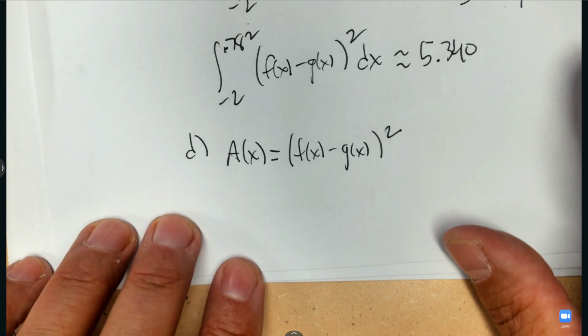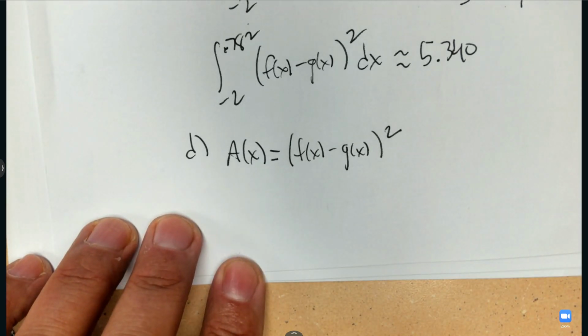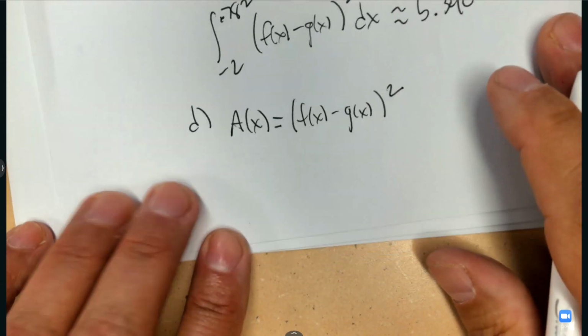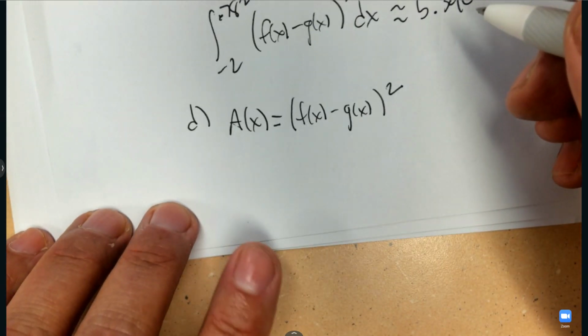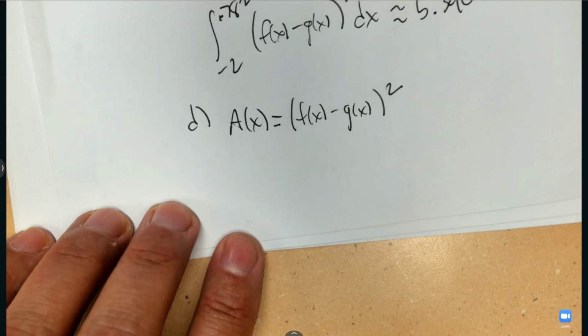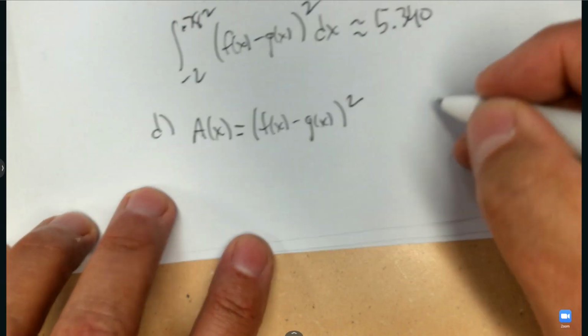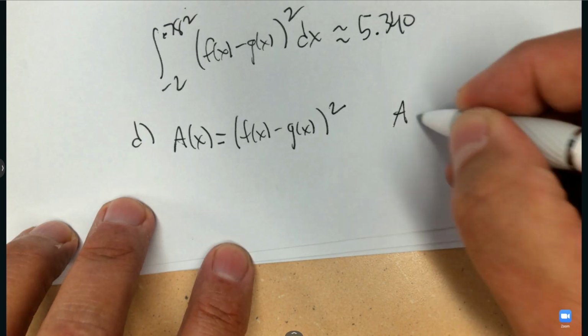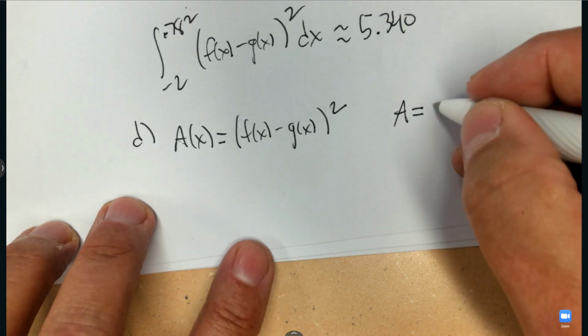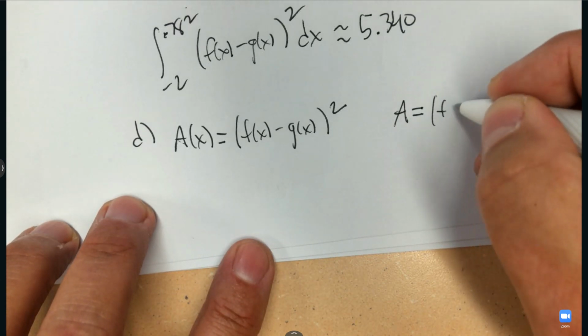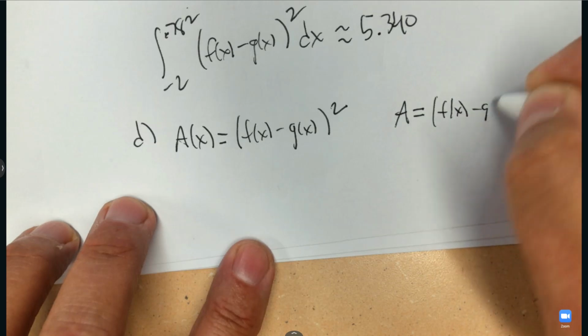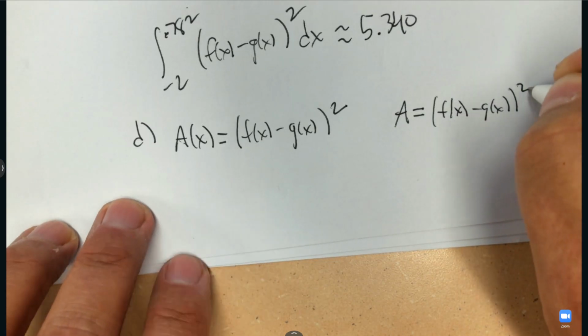That's what it would look like. Now, I'm going to understand that just as the area. So this whole thing is just like the area of that cross section.